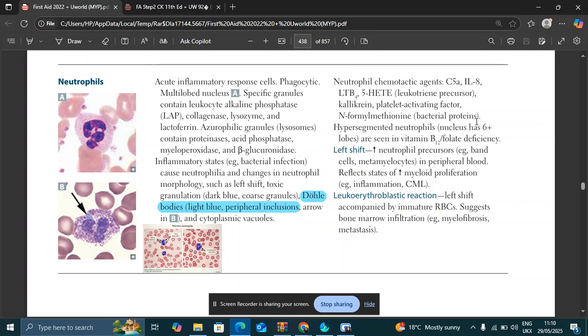Okay, how do we treat neutropenia? What are the treatment options we have for neutropenia? It is very important to see what kind of drugs a patient is taking. If the patient is taking a drug that could lead to neutropenia, we should stop that drug first.